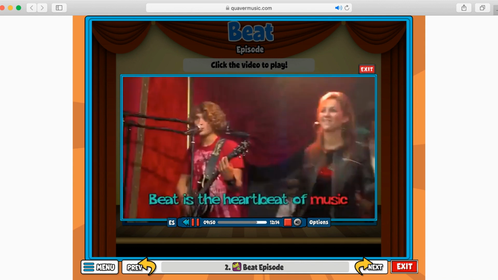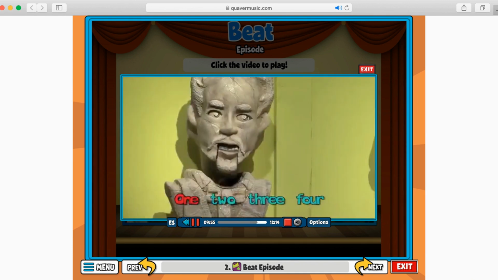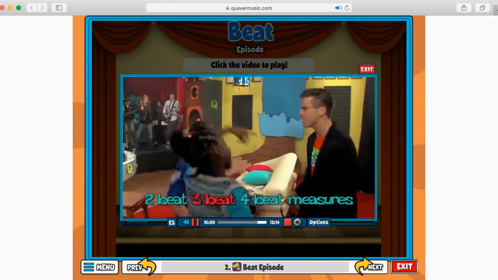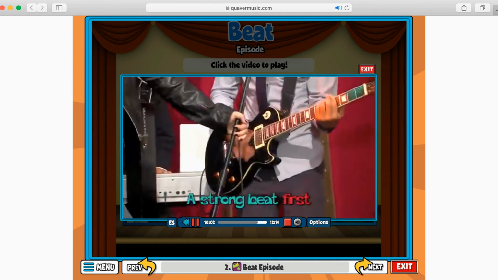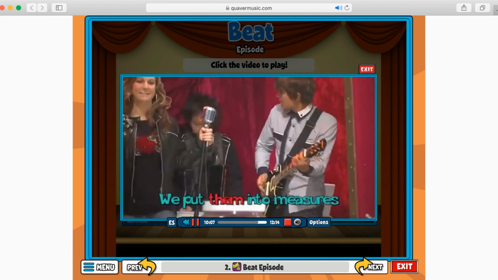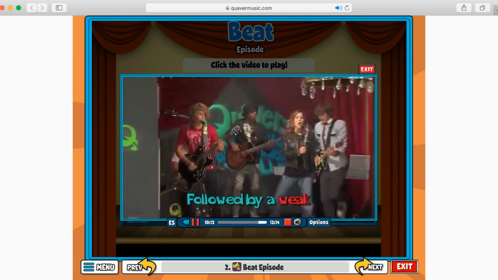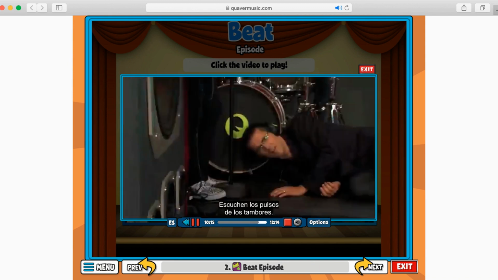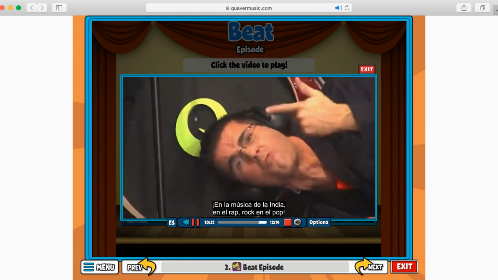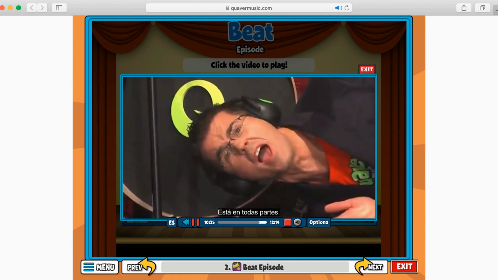There's a heartbeat of music, just like your heartbeat beats in you. Beat, strong and weak. 1, 2, 3, 4, 1, 2, 3, 4. Beats, we put them into measures. 2 beat, 3 beat, 4 beat measures. A strong beat burst, followed by the weak. 1, 2, 3, 4, let's beat. Listen to the beat coming off the bass drum. Beat is everywhere. Indian music, rap, rock, pop, East African squirrel music, it's everywhere.